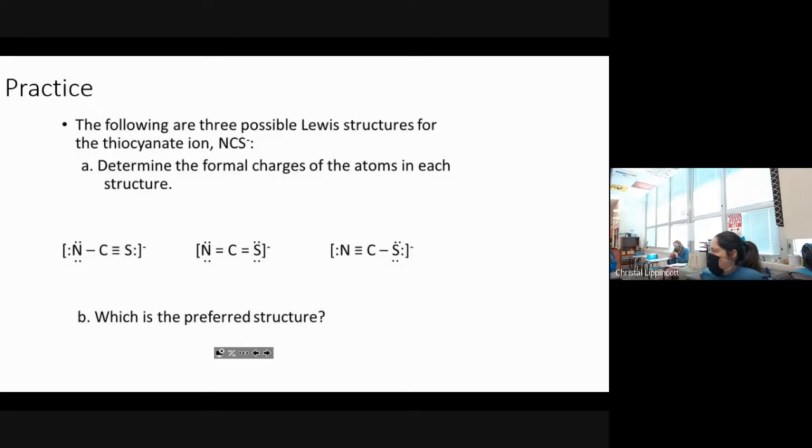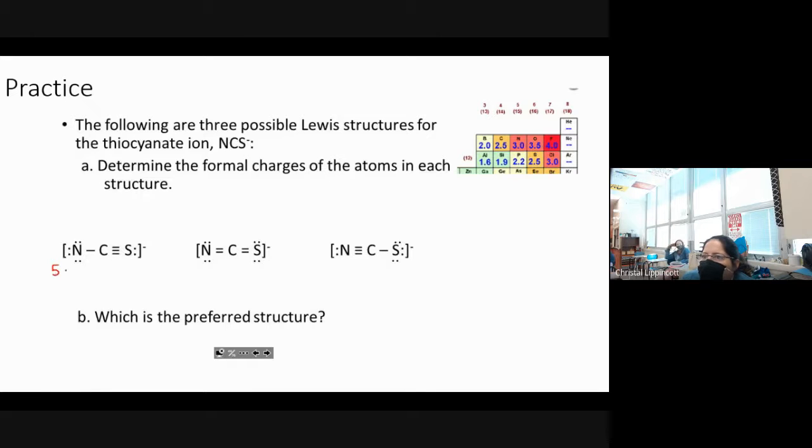Are you ready? Okay. So nitrogen should have 5. It has how many here? 7: 2, 4, 6, 7. So it is a -2. My carbon should have 4.